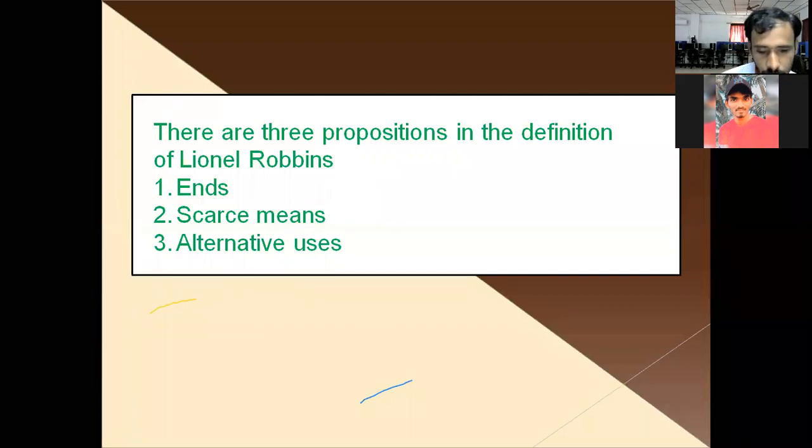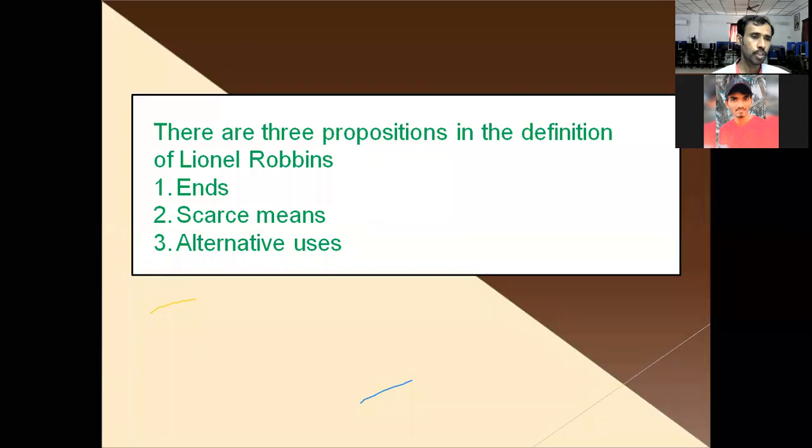Simply speaking, if the number of students is 30 and I have only 20 books with me, so the shortage of books is called scarce. And means in the sense the resources. So at a glance, scarce means is nothing but shortage of resources. That is my second proposition.